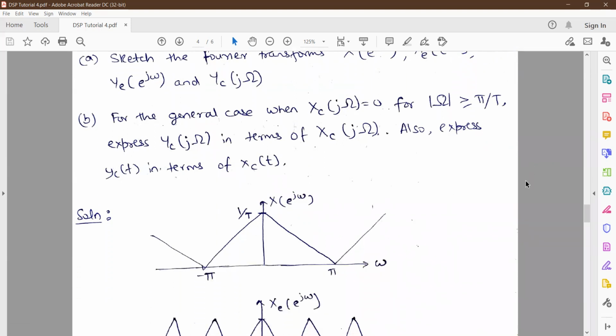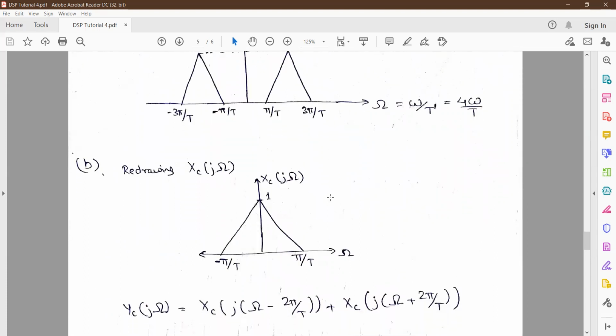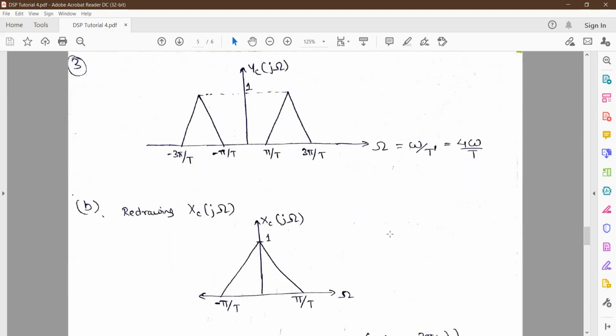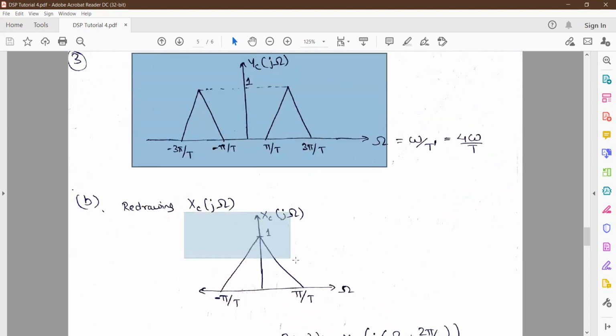Let's see. The input that was given to us, X_c, has a frequency spectrum something like this, between minus π by T and π by T. This is given to us. And Y_c(jΩ) is this. This is the output and this is the input.